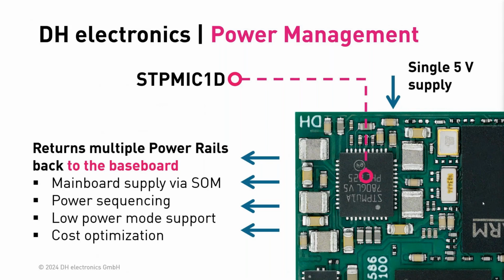This really can reduce the power consumption if you enter suspend to RAM mode. And please note that the power supply of our reference design, our DH-SBC board, is done in exactly that way.